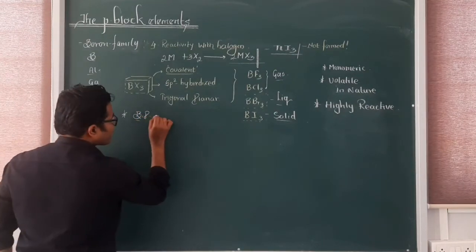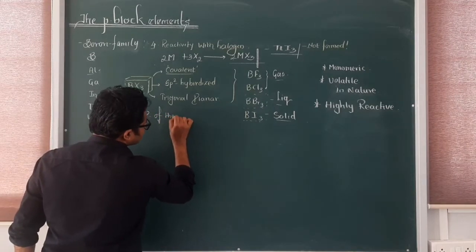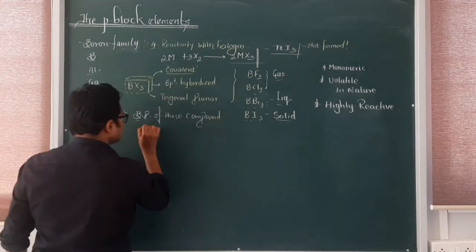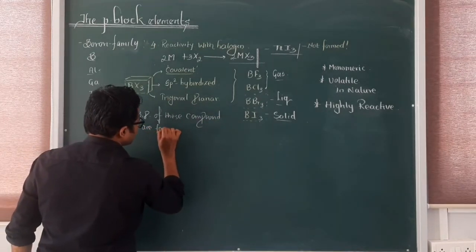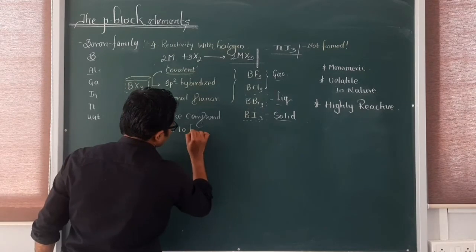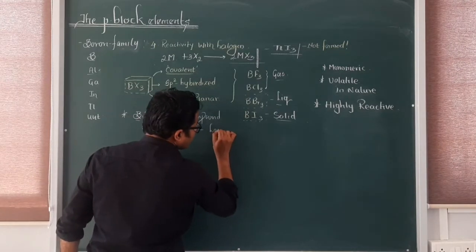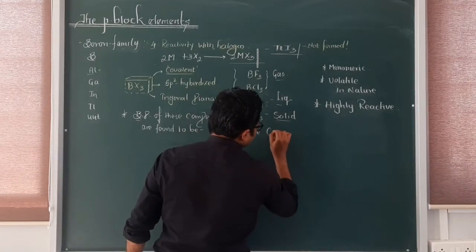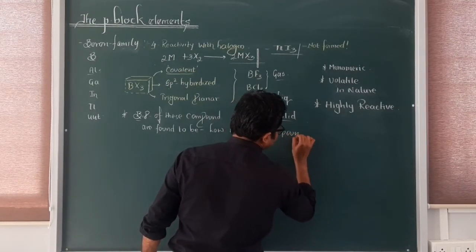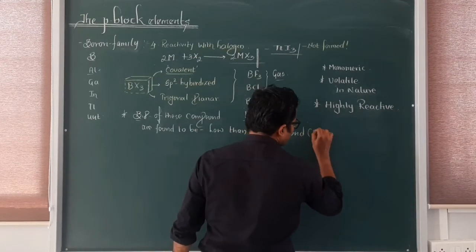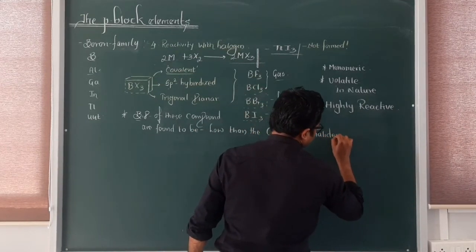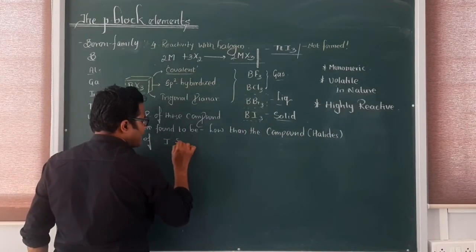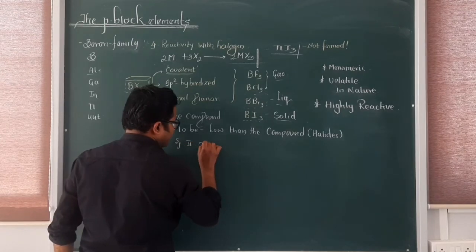The boiling points of these compounds are found to be lower than the halides of the first and second group elements.